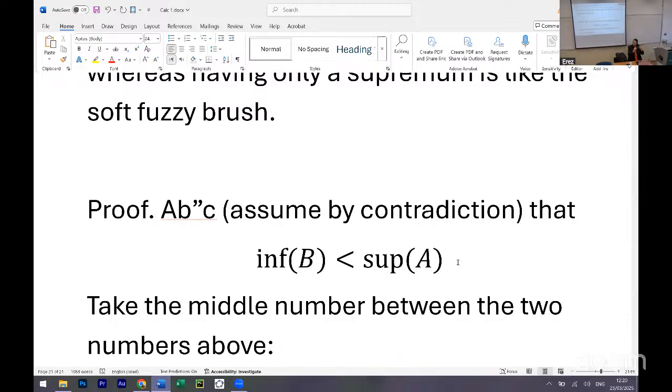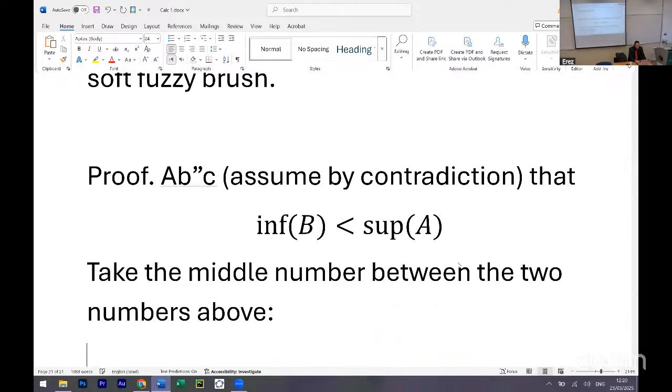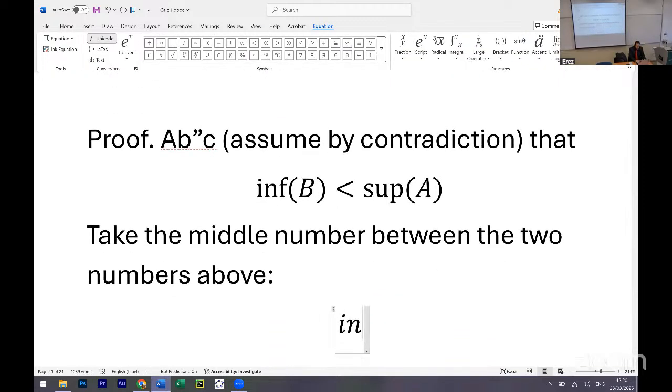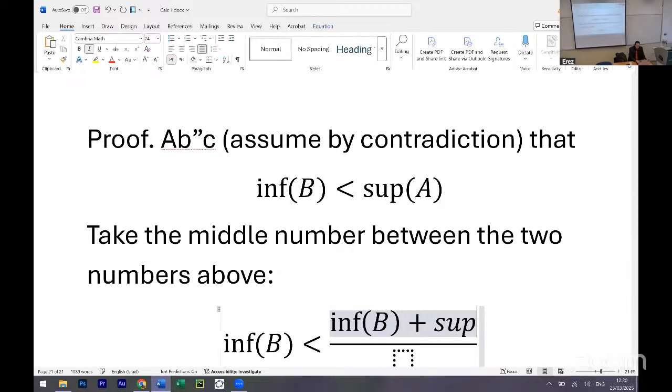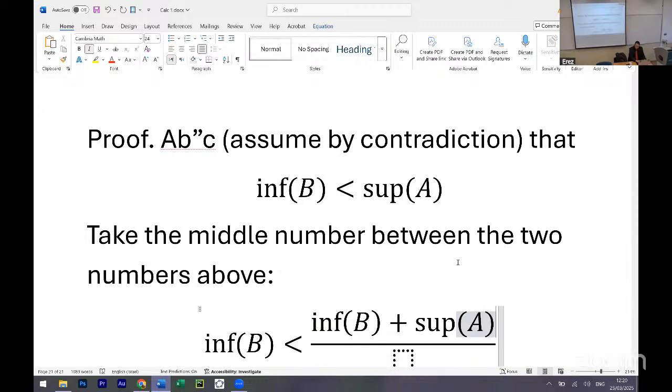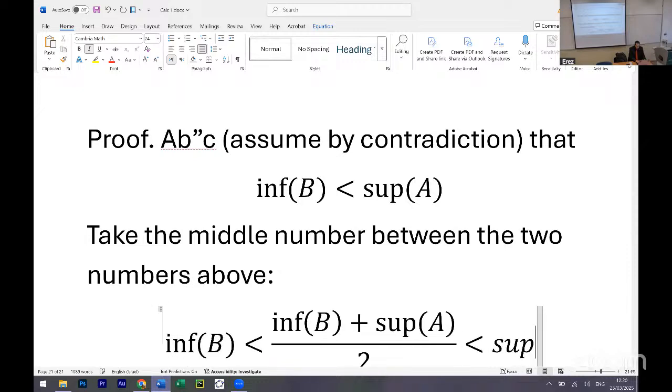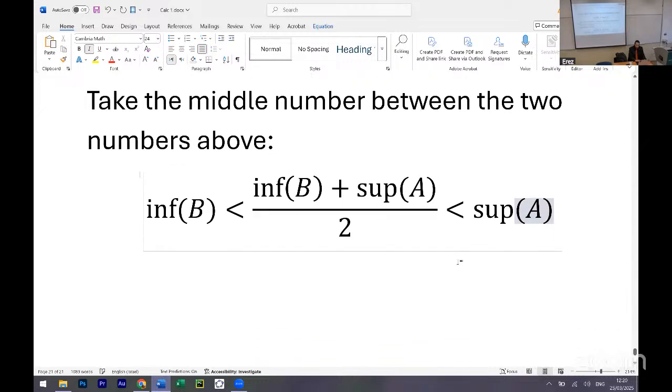Yeah, the sum divided by 2, exactly. So the infimum of B is smaller than the middle, which is infimum of B plus supremum of A over 2, which is smaller than the supremum of A.